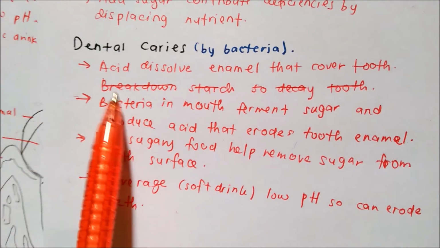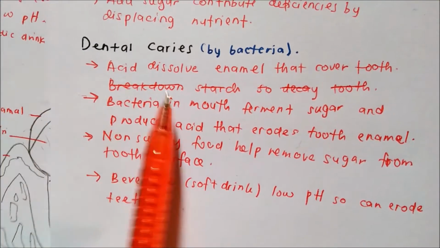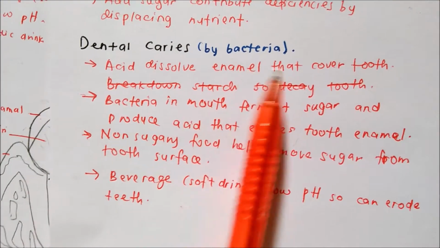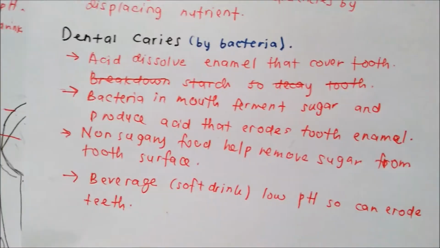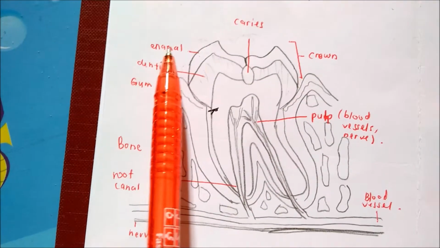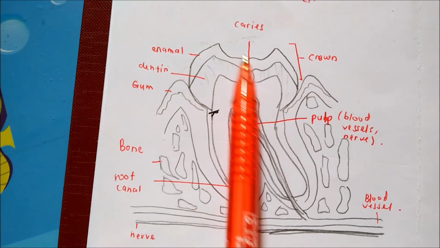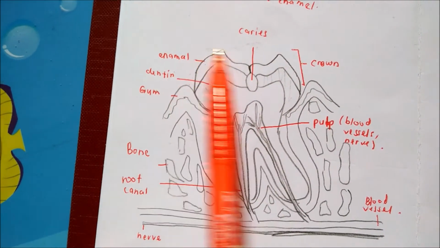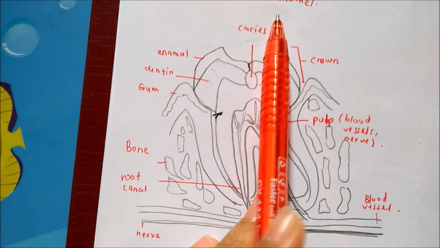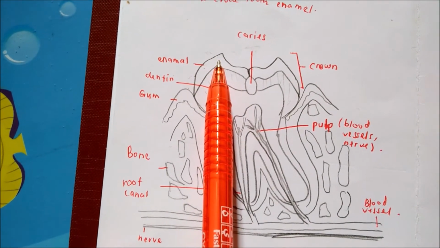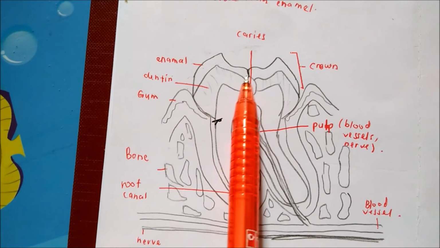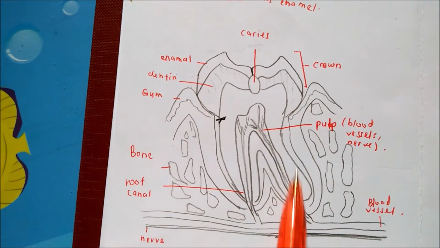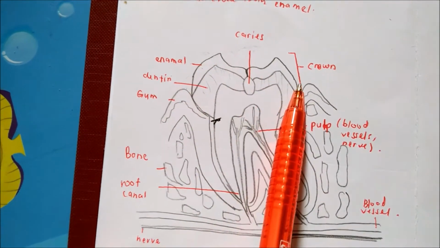Contohnya acid ni dia akan dissolve dalam enamel that cover the tooth like this. This is enamel. So bila acid tu dia ada dekat sini, lama-lama dia akan menghakis enamel yang boleh menyebabkan gigi ni ada masalah.